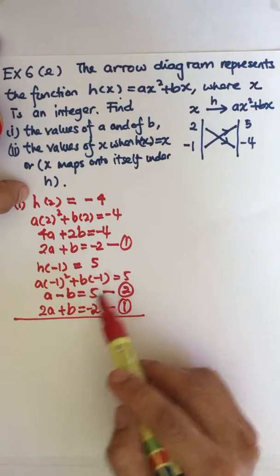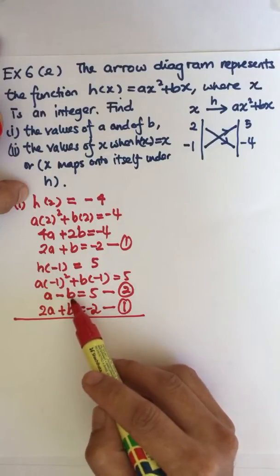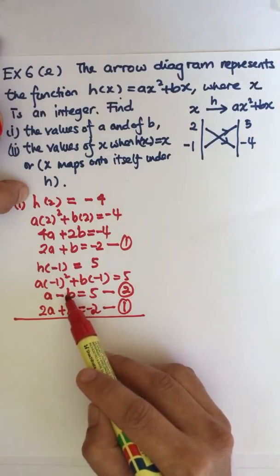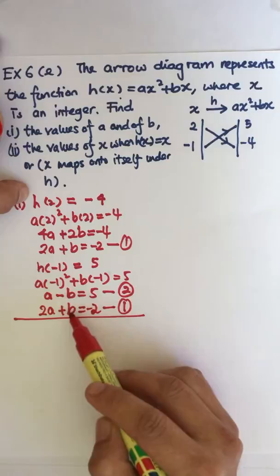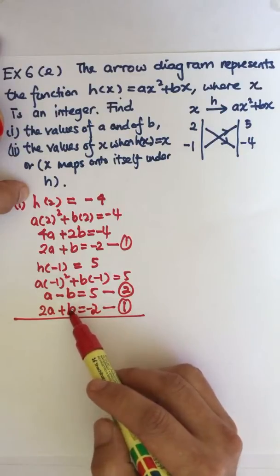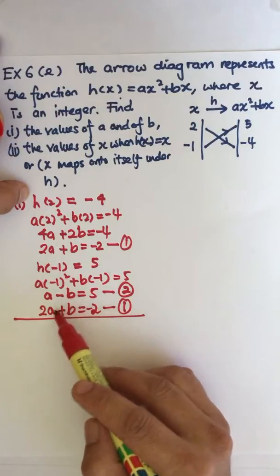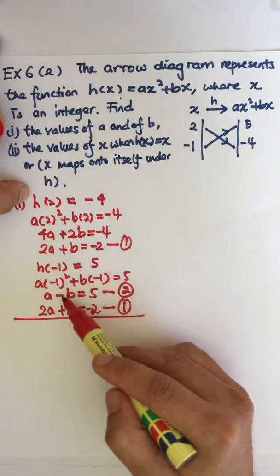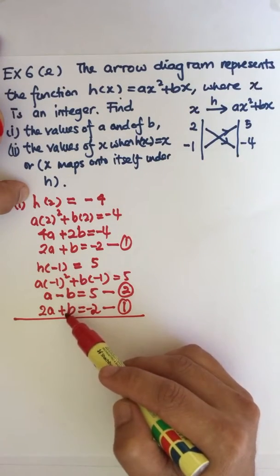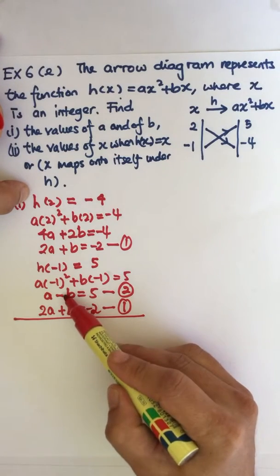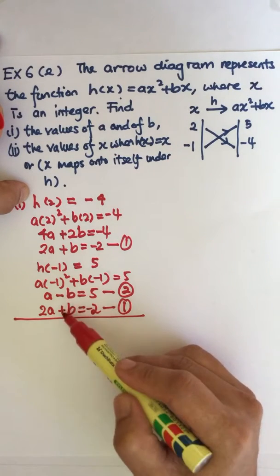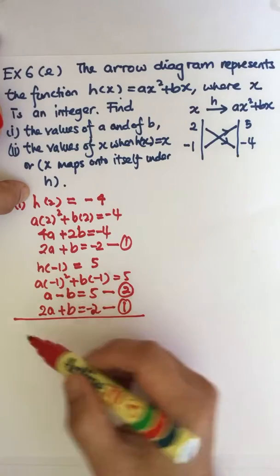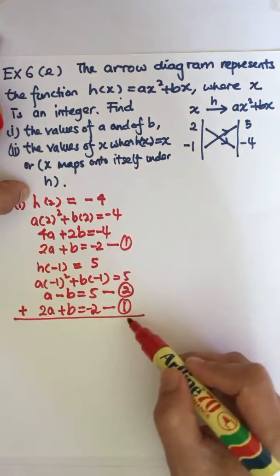So I choose b because the coefficients of b and negative b are 1 and 1 if you omit the sign. Since the signs are opposite, negative and positive, we add the 2 equations.